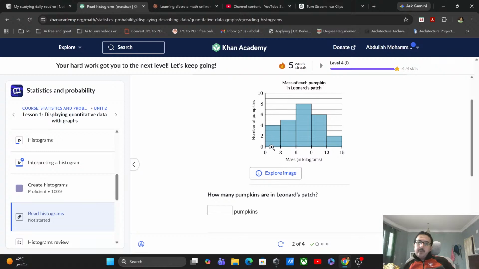Number of pumpkins. I got 4, 5, 9, and I got 8, 17, and I got 6, that's 23, and I got 2, it's 25.